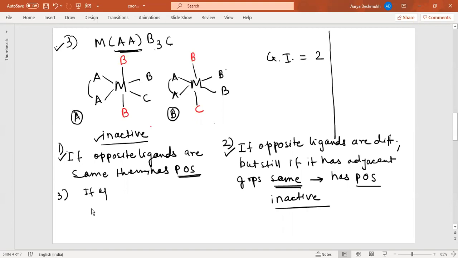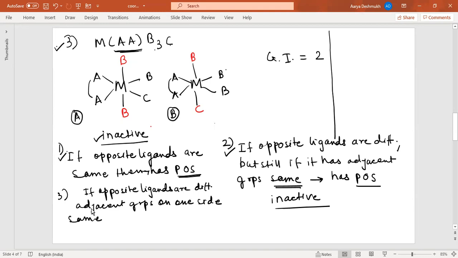If opposite ligands are different, and the adjacent groups on one side are the same and on the other side are different, then that molecule will not have a plane of symmetry.